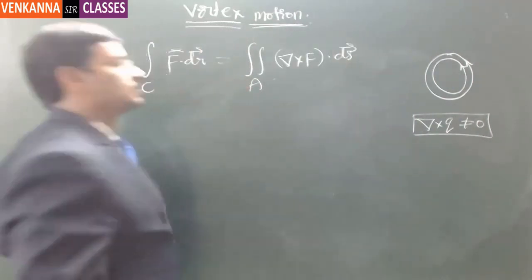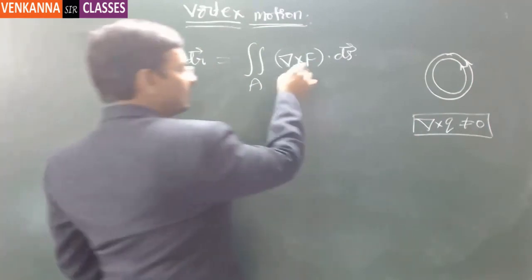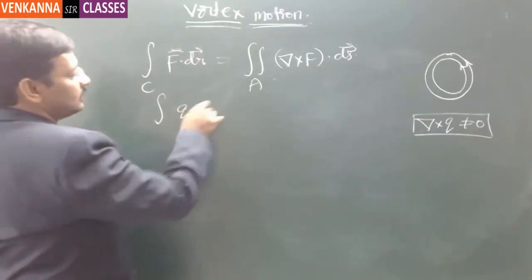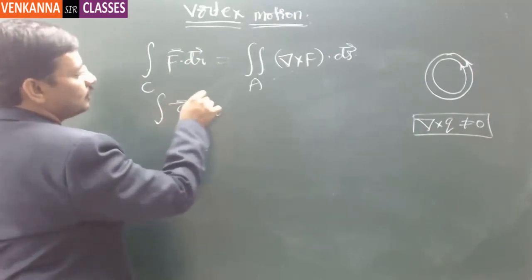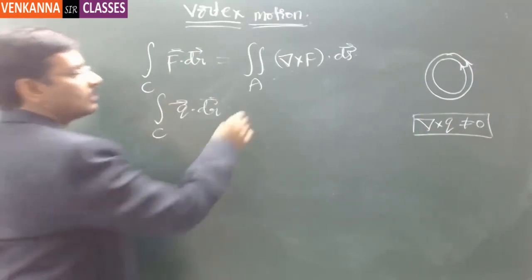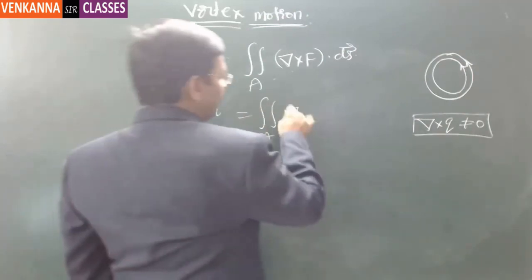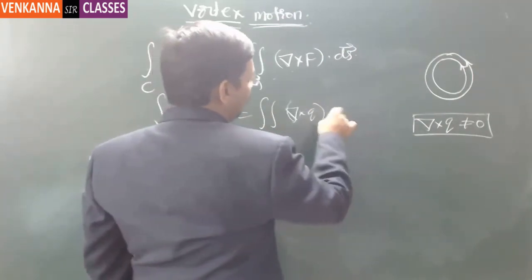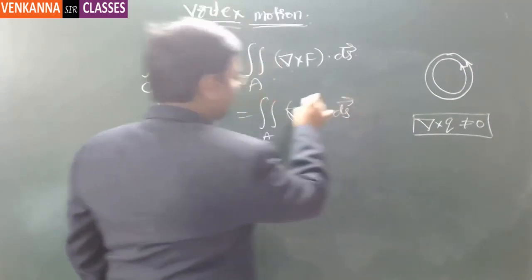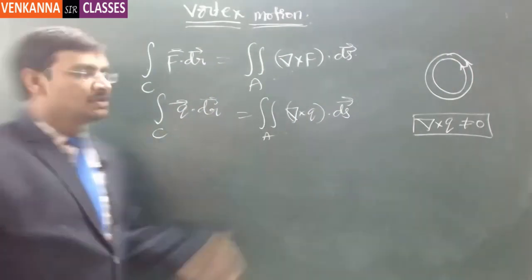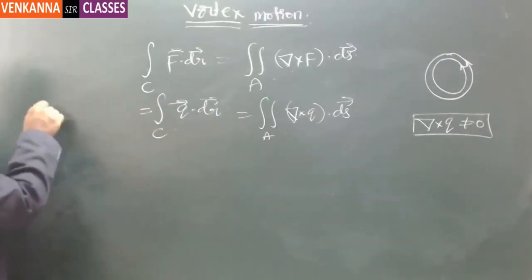In our case, q is nothing but f. So the integral of q dot dr over the closed contour C is equal to the double integral over the area of del cross q dot ds. This is how we use Stokes theorem to find the circulation of the fluid.